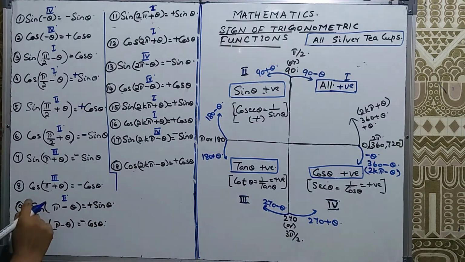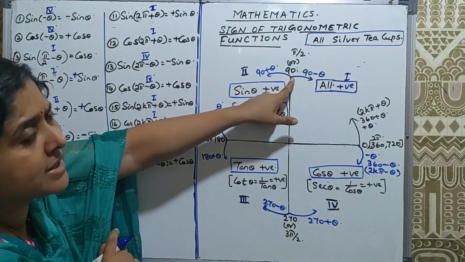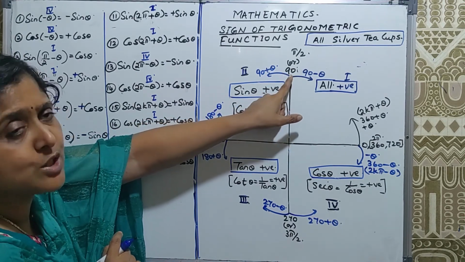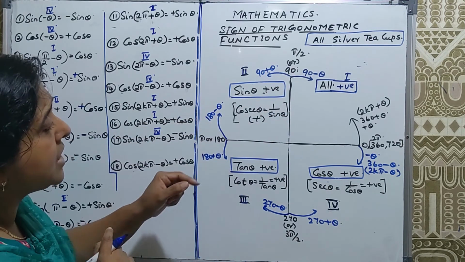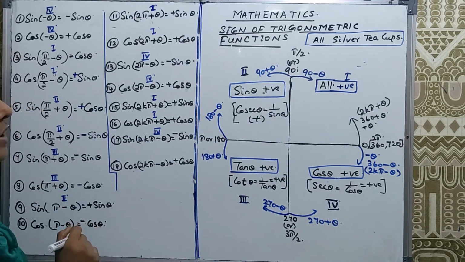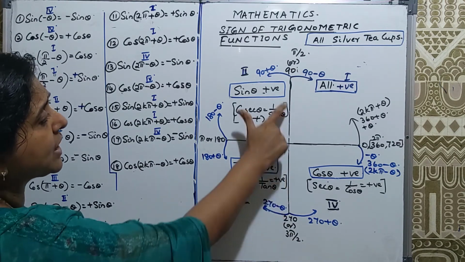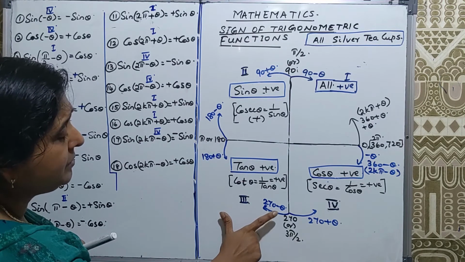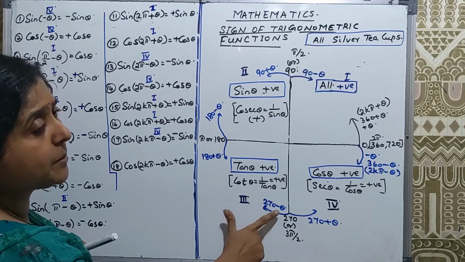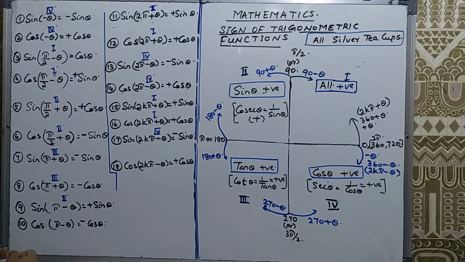So plus cos theta. And whenever we do sin 90 minus theta or plus theta, it will change into its complementary angle. Complementary angle of sin is cos, and complementary angle of cos is sin. In the same way for 270 also, for both sin and cos, 270 minus theta and 270 plus theta will change into its complementary angle.